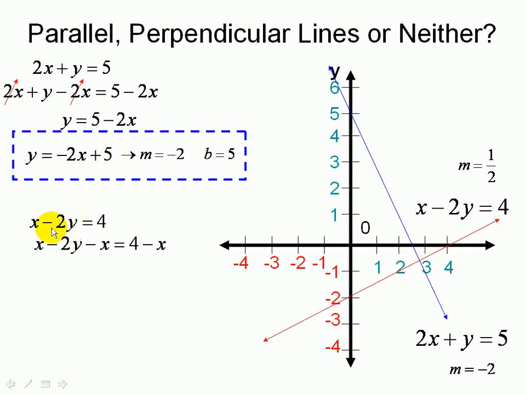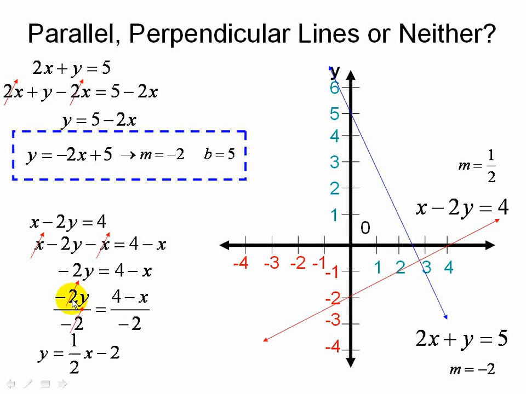The other equation, x minus 2y equal 4, here again we subtract x from both sides of this equation. That leaves the x's canceling each other out, leaving negative 2y on the left side, and then 4 minus x on the right side. We divide by negative 2 on both sides of this equation. We see the 2's cancel out on the left side, and that leaves y equal 1/2 x minus 2.